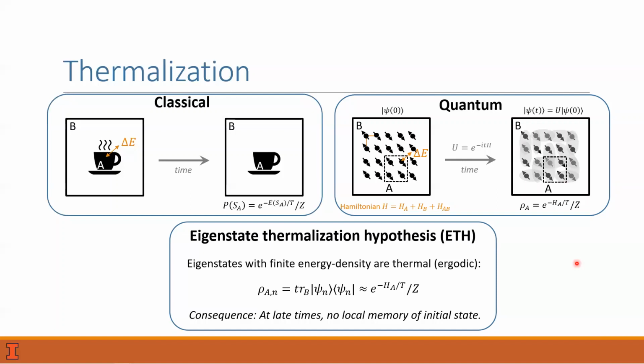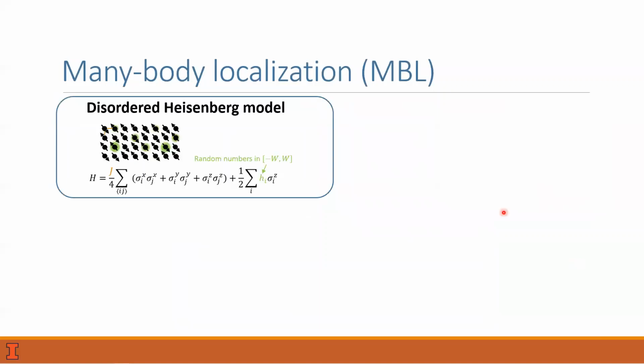But do systems always thermalize? The answer turns out to be no. There are systems that fail to thermalize, and that's what I'm going to talk about. These are called many-body localized systems. The standard model of many-body localization that's been extensively studied is called the disordered Heisenberg model.